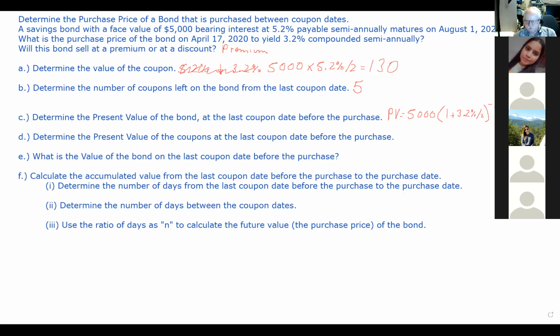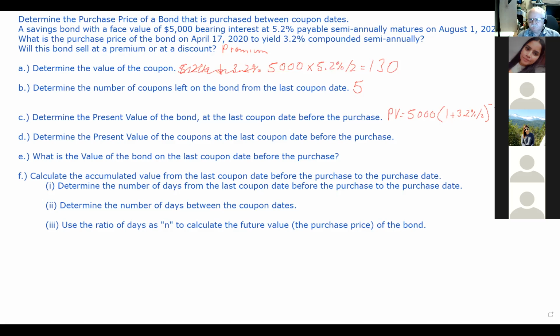So 3.2% divided by 2 equals, and I'll store that in register 1 because we'll need it. Store, 1 plus recall 1, y to the x, 5, negative, and times 5,000.